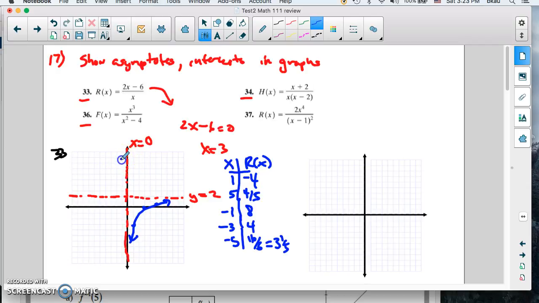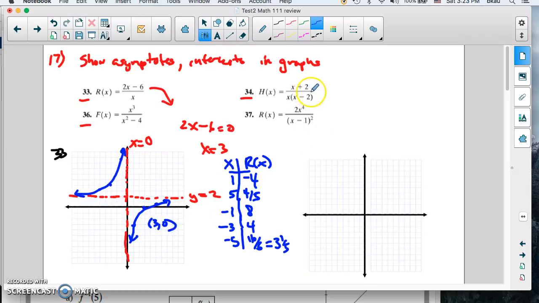So -1 is 8, -3 is 4, so that's -3, it's right here, and -5 is 3 and 1/5. There's 2, 3 and 1/5. Okay, so it's like that. So it's approaching the axis here and bending upwards that way. So that's a rough sketch, and it gives you the intercept of 3, 0.